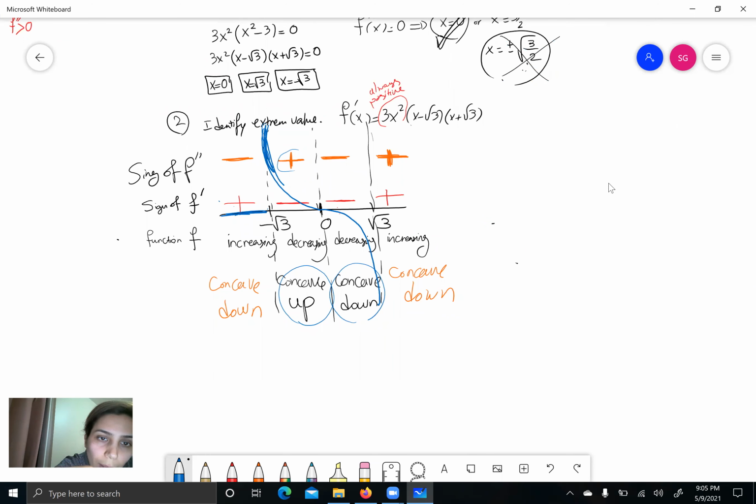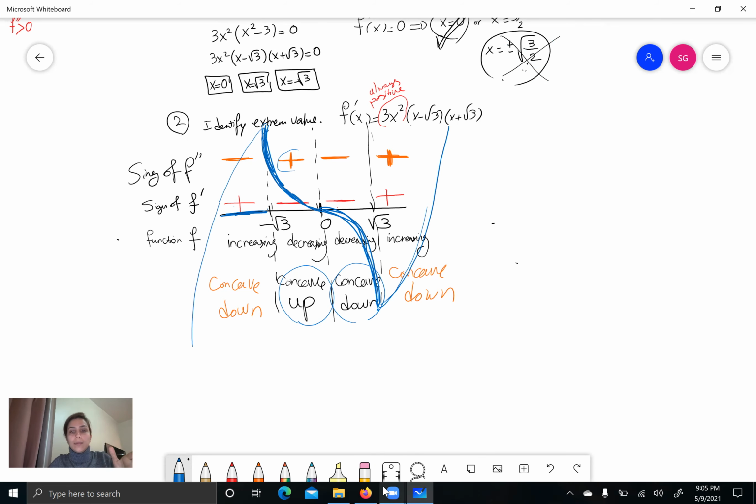So concave up, and then concave down, right? And then it changed the concavity to become concave up. So it's like this, and it's increasing. So something like this, and then here is increasing, and it's concave down. So something like this.